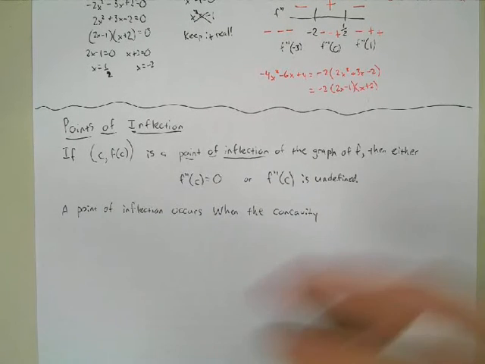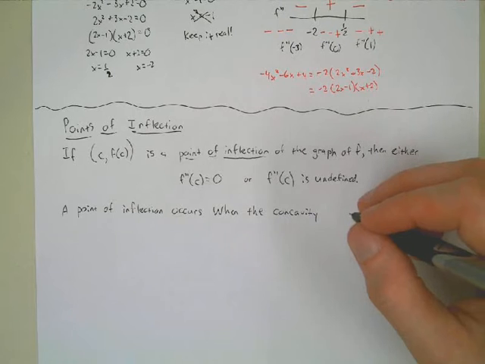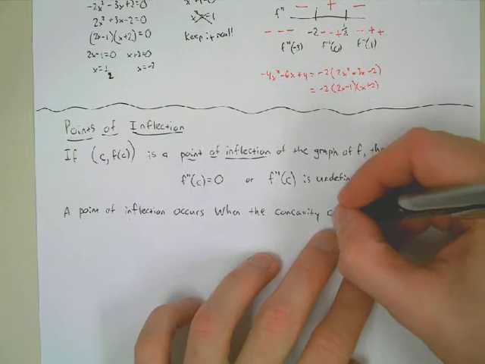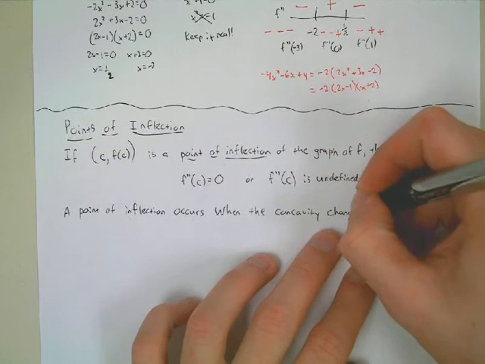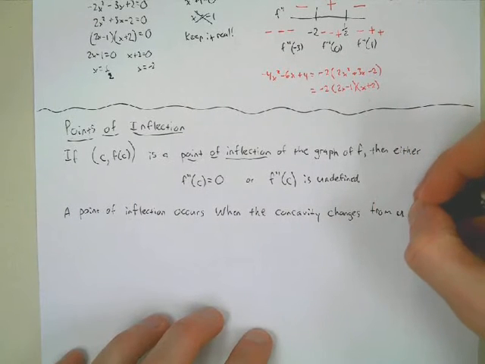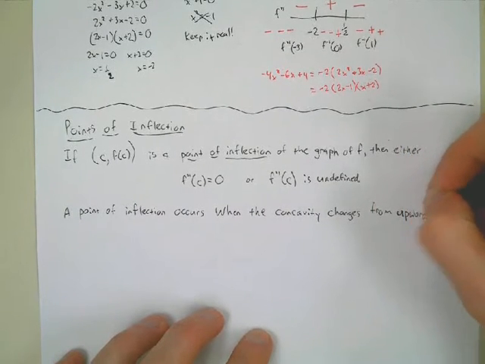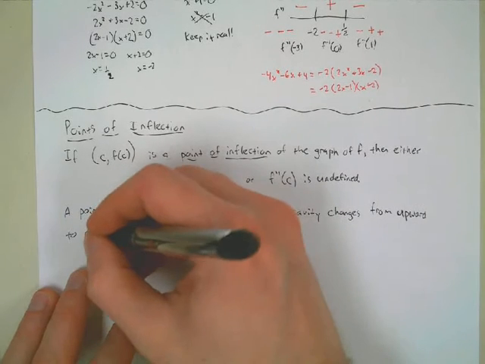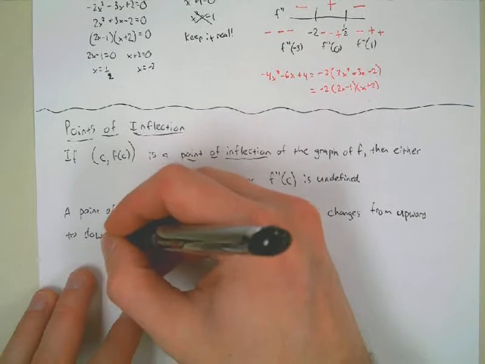So a point of inflection occurs when the concavity changes from upward, so concave up, to concave down, so from upward to downward, or vice versa.